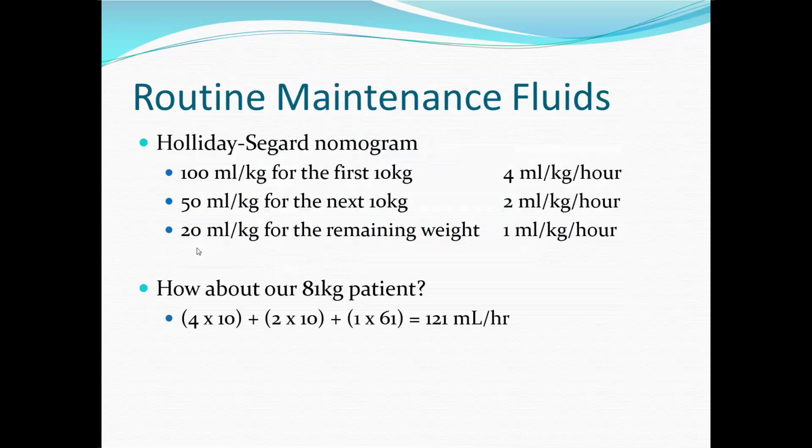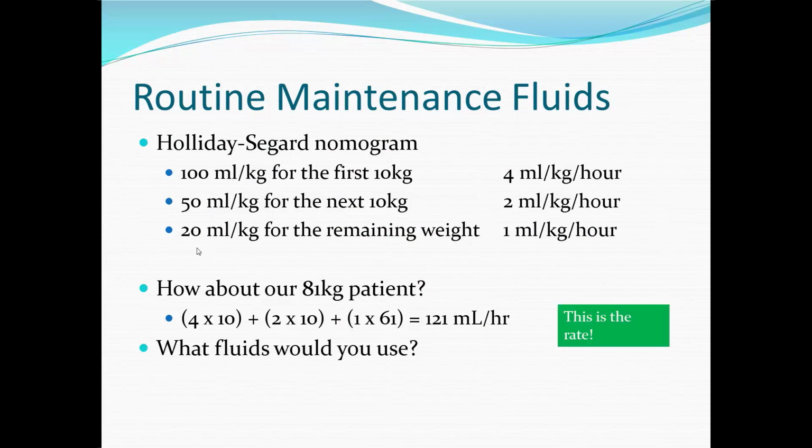And so for our 80 kilogram patient, plug in the numbers, and I need about 120 milliliters per hour maintenance rate. Right. And then what fluid to use? Well, to get that 1 to 2 milliequivalents per kilo per day of sodium and 0.5 to 1 milliequivalents per kilo per day of potassium, D5 half plus 20 of K is pretty much in the ballpark.